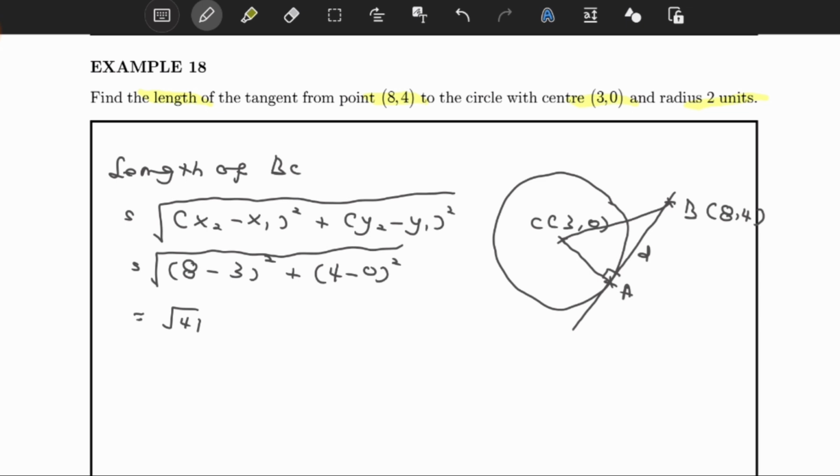So now the length here is square root of 41, and the question tells us that the radius is 2 units. So let's use the Pythagoras theorem to find the value of d. d equals square root of (square root of 41) squared minus 2 squared. So the answer is square root of 37.